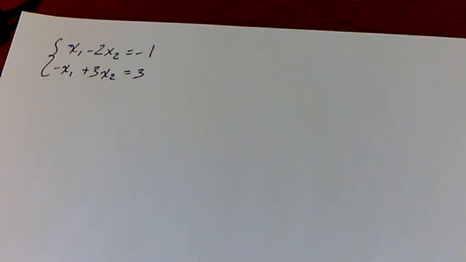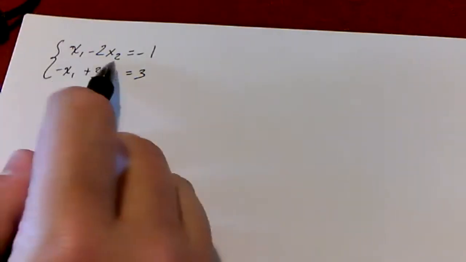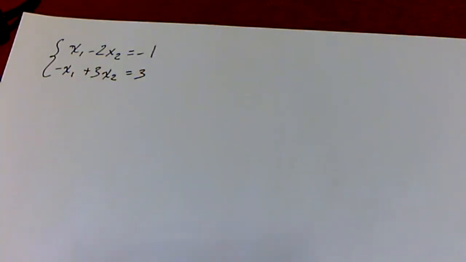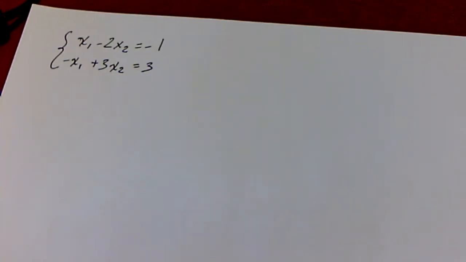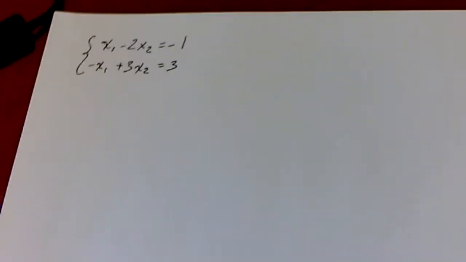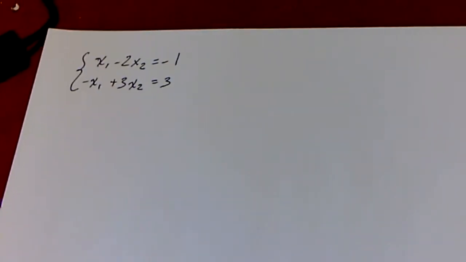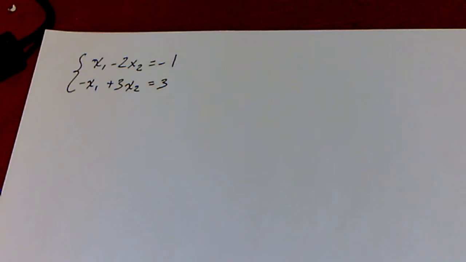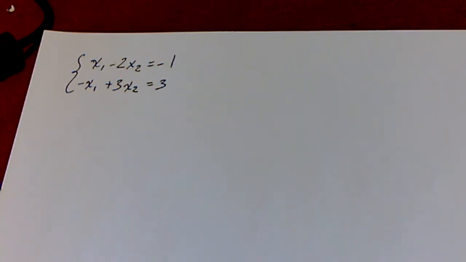So this system has x1 and x2. We could have just as easily called those variables x and y, and then we would have a system of equations where we could use our usual graphing techniques, slope-intercept form, to graph those. I'm going to solve this one by elimination because it's fairly easy to do here, since I have the x1 and negative x1 together.